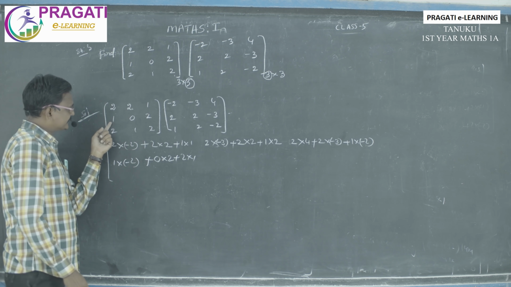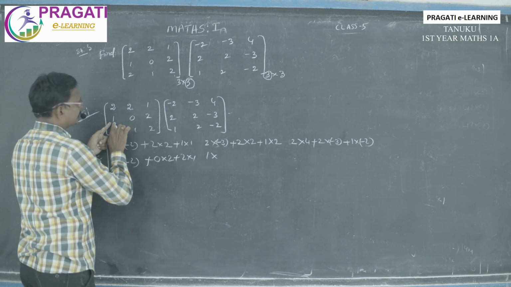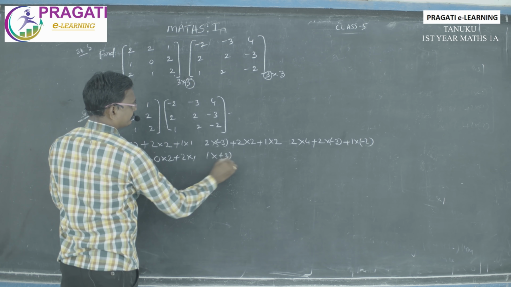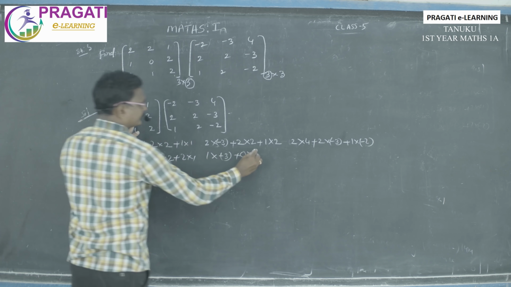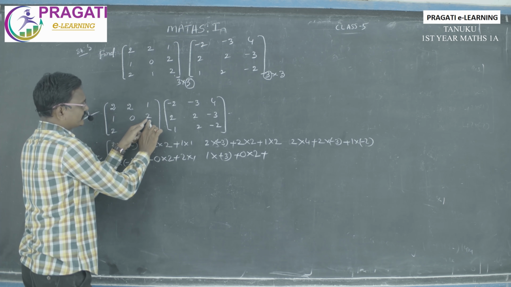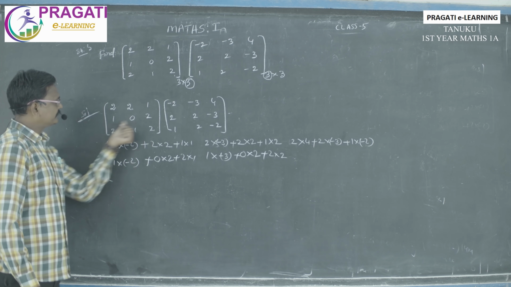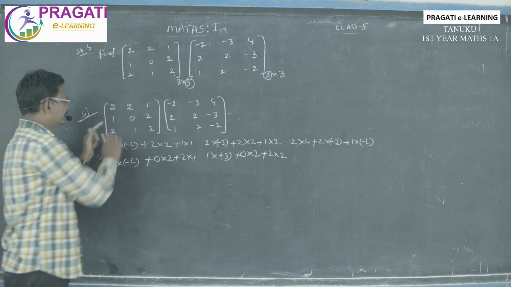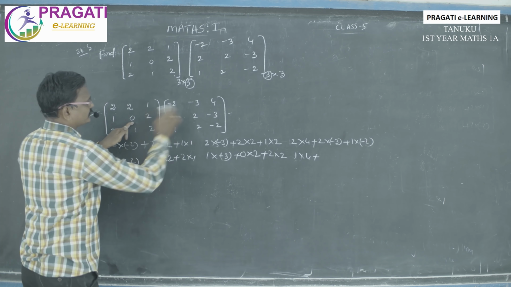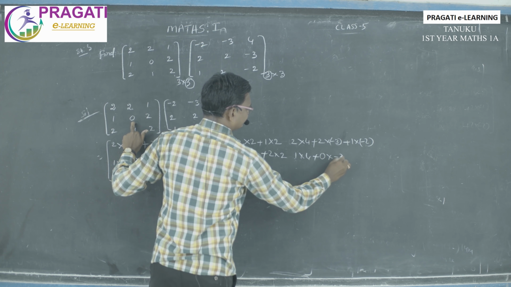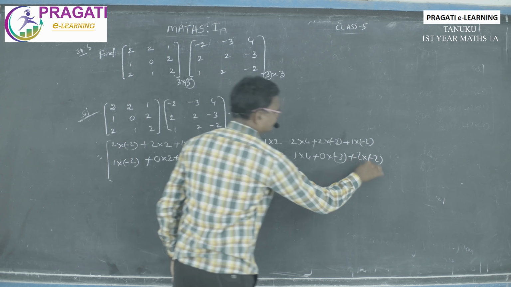Again same row, second column, 1 into first element, plus second element 0 into second element 2, plus third element 2 into 2. Again same row, third column, 1 into 4, plus 0 into minus 3, plus 2 into minus 2.